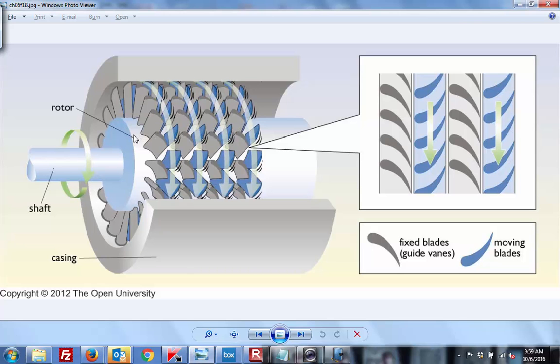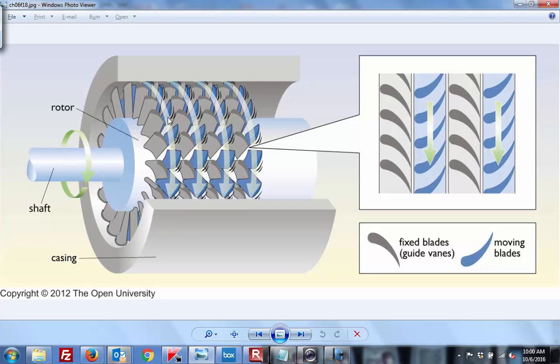Now, as the gases come through, they're basically just playing molecular pinball through this guy. There are also a set of stationary, fixed blades, the guide vanes, and then the moving vanes. So if we see each one of these vanes, these blue guys right here has a leading edge.